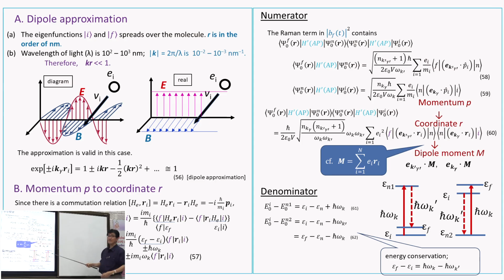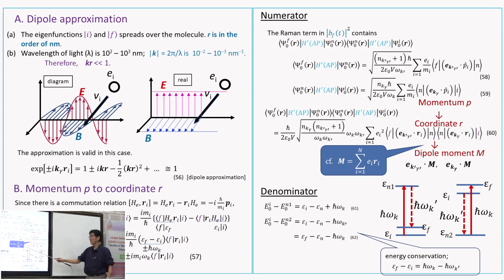And further, the coordinate R can be replaced with the dipole moment m. You know, the dipole moment m is defined as a sum of the charge of the i-th particle and the coordinate of the i-th particle.